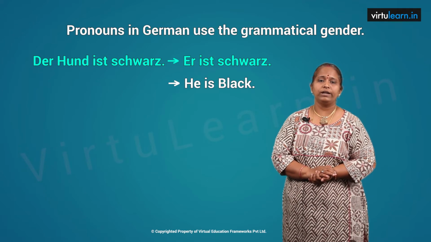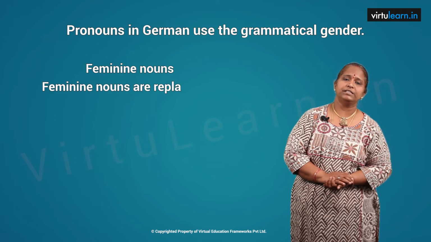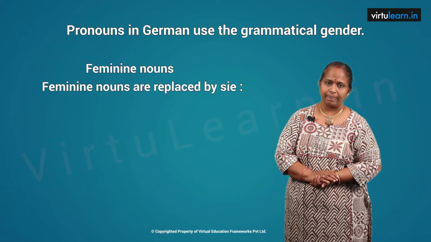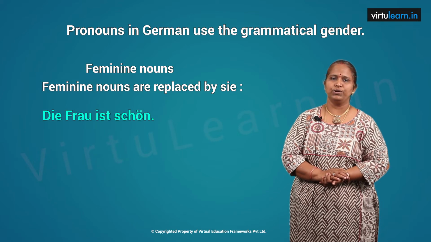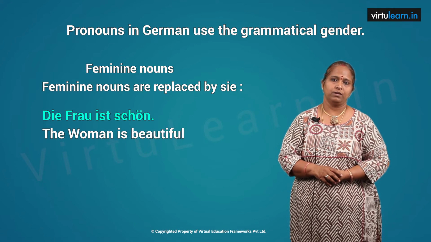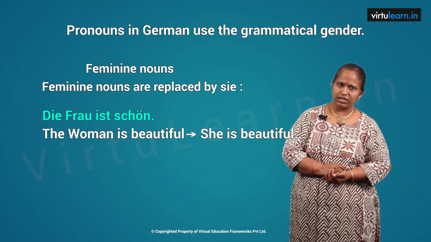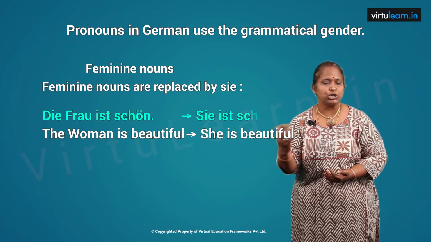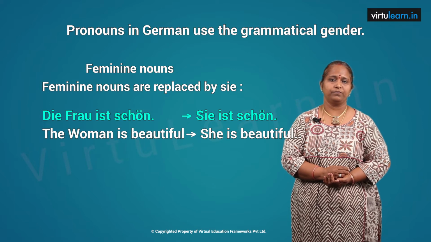Yeah? And now let us move on to feminine nouns. The feminine nouns are replaced by sie. For example, die Frau ist schön. That is, the woman is beautiful. So I can just say she is beautiful. So sie ist schön.